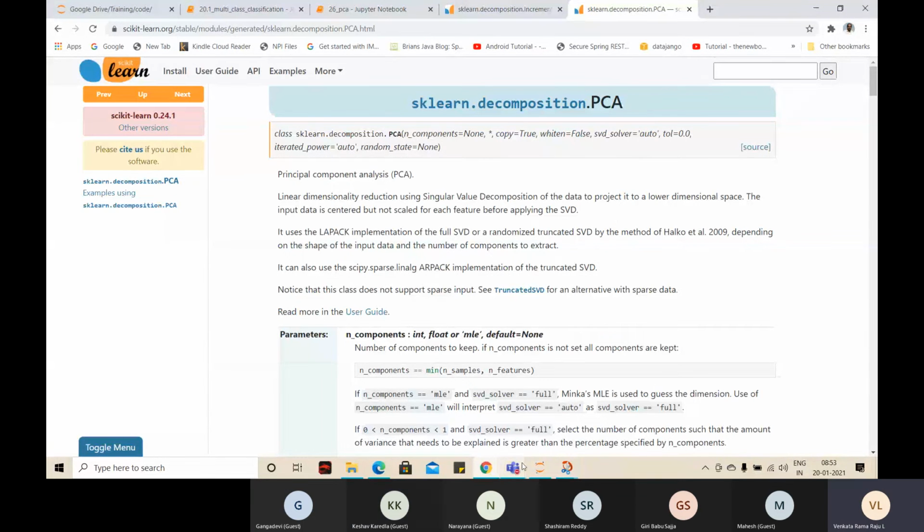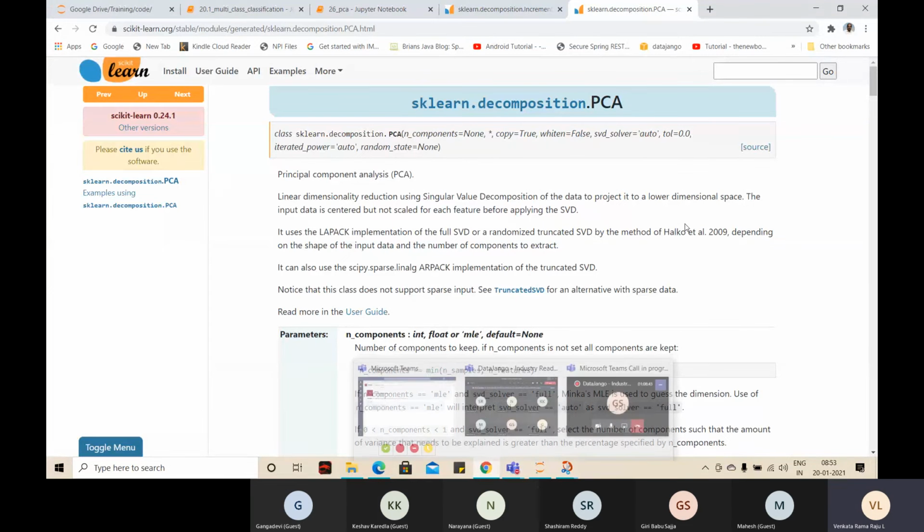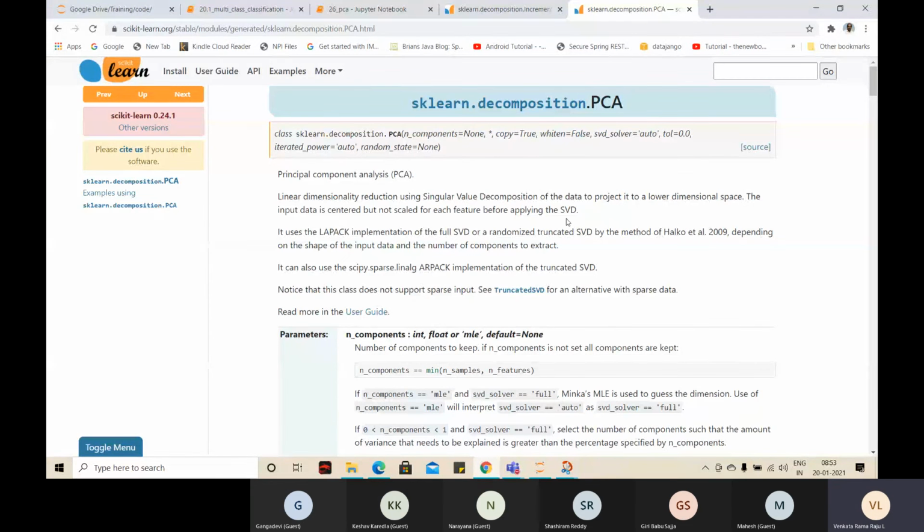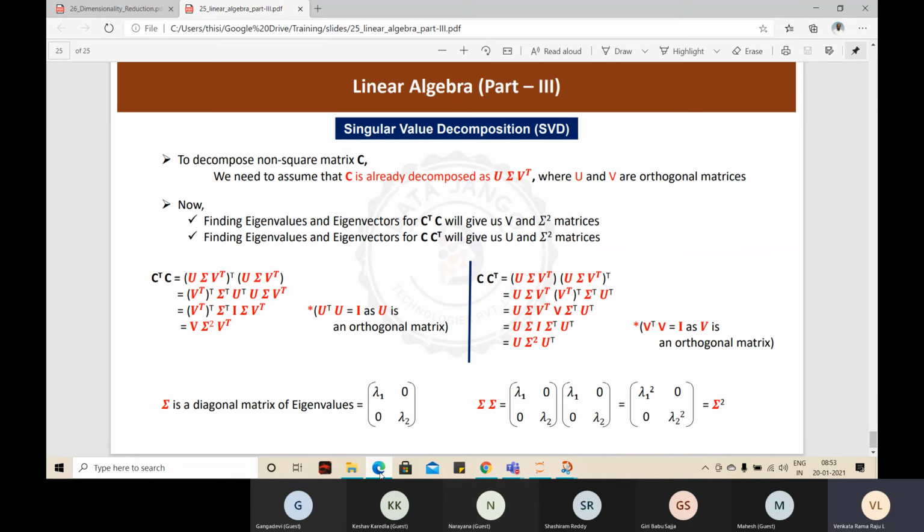I was actually confused a lot initially. When I looked at eigenvalue decomposition, it looked like it makes sense for PCA, but theoretically they were writing SVD. I don't know why. When I looked into SVD clearly, this is the key. You need to assume already it is decomposed.